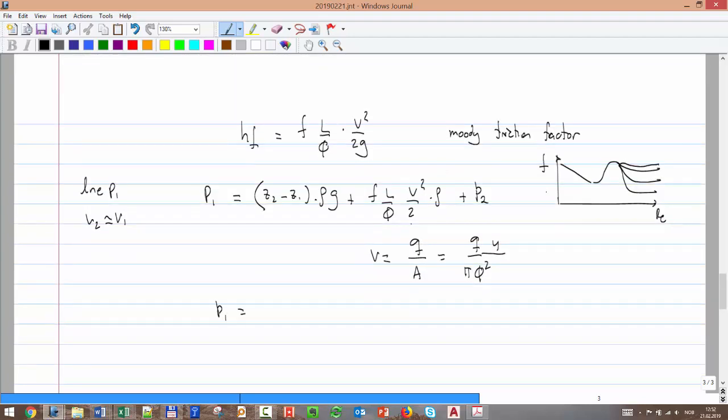So we end up with P1, here we had 8, to the 5. Okay, we end up with that equation.